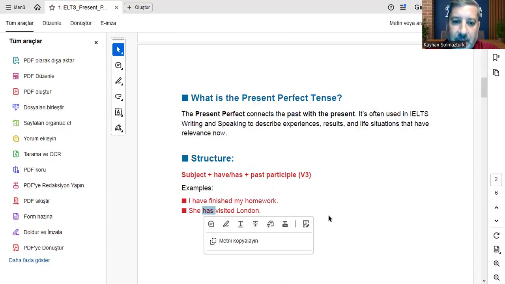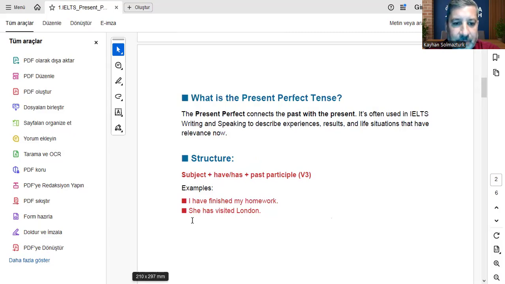What I mean by subject-verb agreement is this: with singular subjects, for example she, we use a singular verb, has.